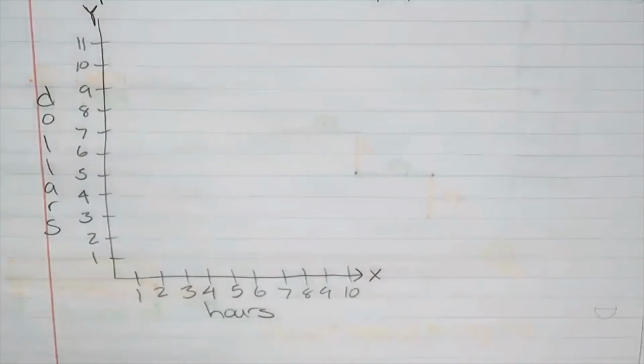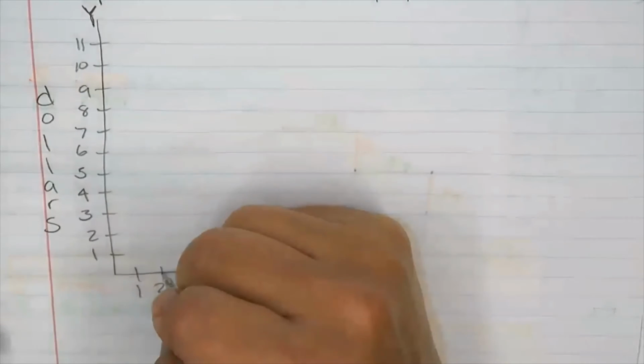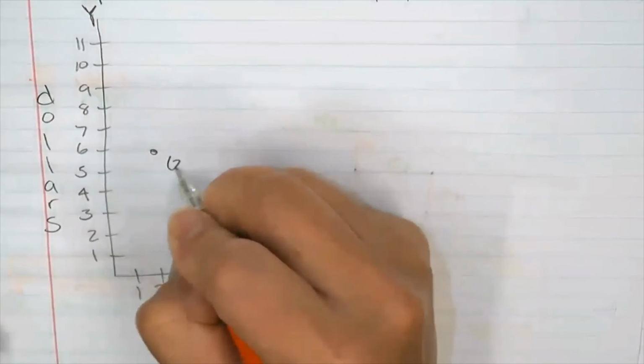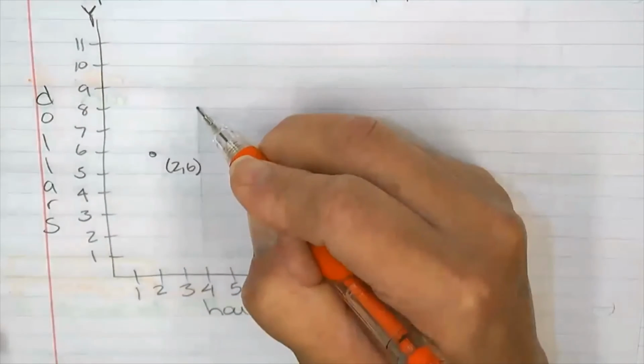Okay, now we need to plot our points. And they've given us our X's and our Y's. So we have 2, 6. We have 4, 8.